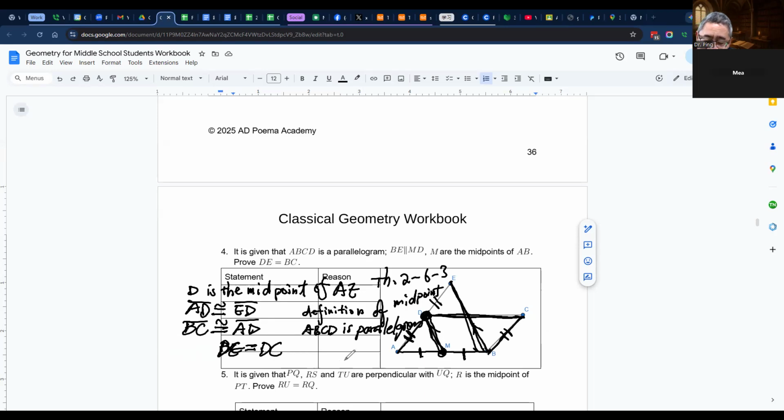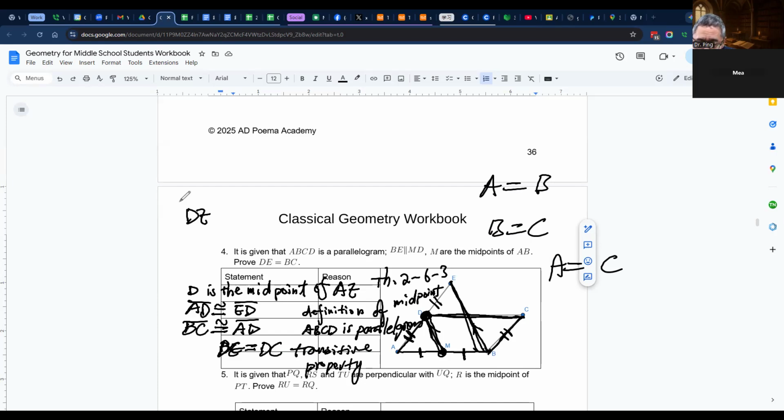Yeah, so this is something called the transitive property, which means that if A is equal to B and B is equal to C, then A must equal C. So we know that DE is equal to AD and AD is equal to BC.